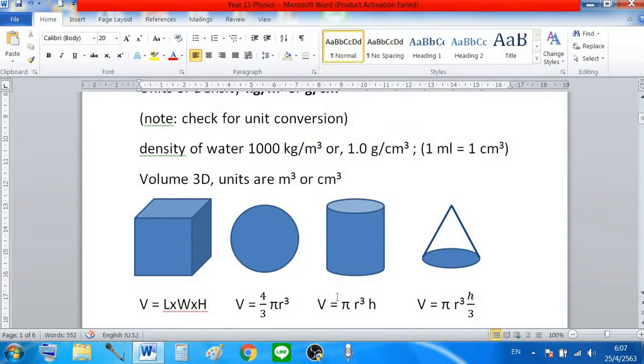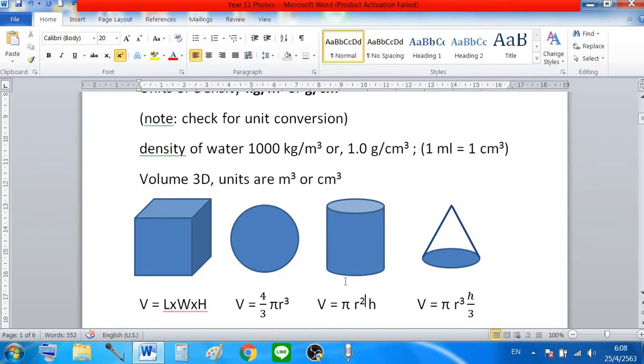To find the volume of a cylinder, that's pi r. That's not right. Sorry, pi r squared. We remember that the area of a circle is pi r squared, pi r power 2, times the height. So you can imagine this circle and then stacking up this circle by the height.